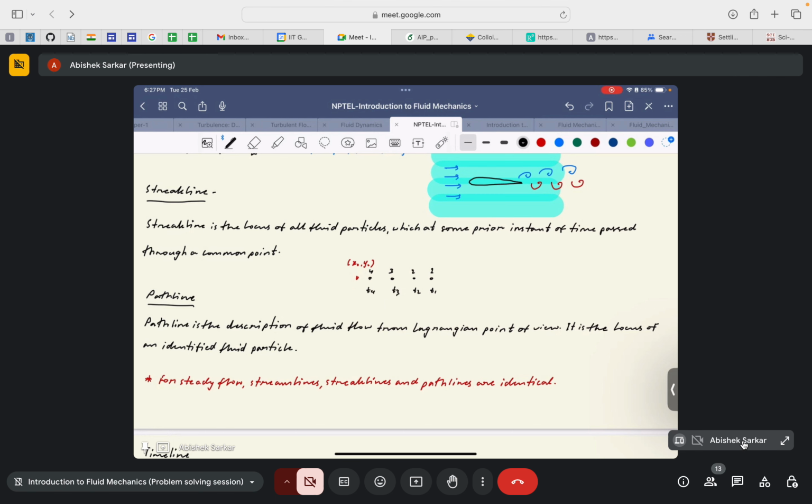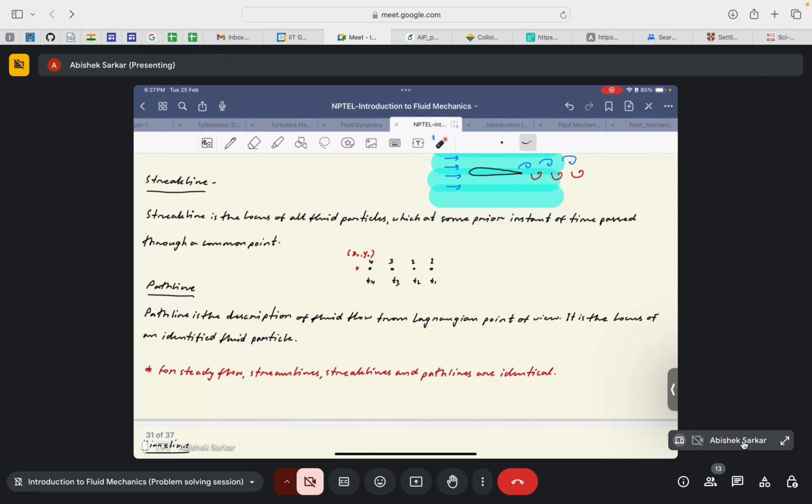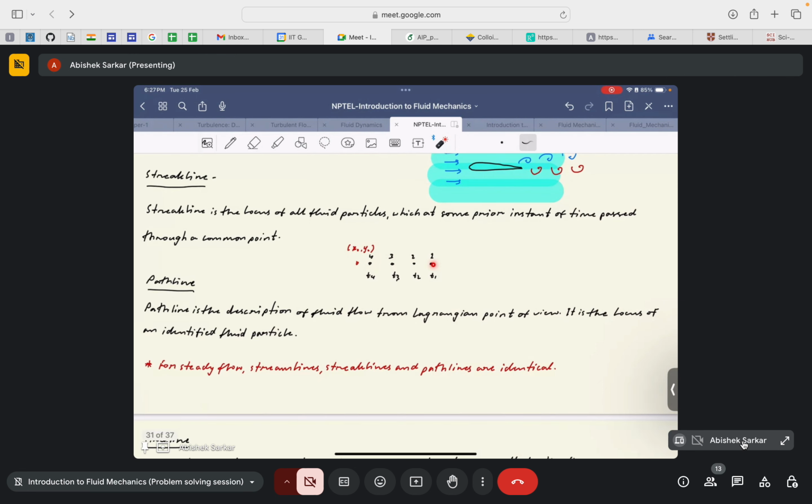So molecule 1 was injected at this point and it has traversed a distance after a certain time, but the instant of injection of this molecule was t1. Similarly, at time t2, molecule 2 was injected at this point. It has traversed some distance and reached this point.